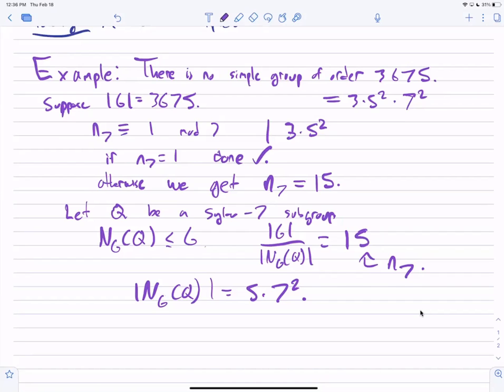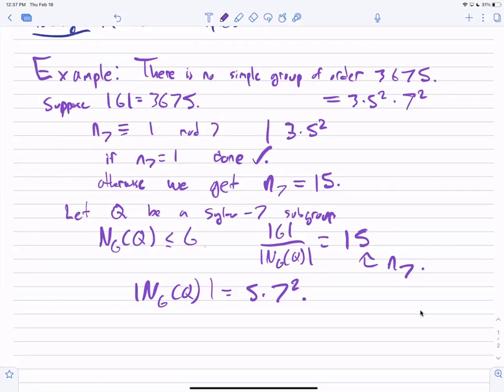This is one of the strategies we saw way back at the start: if you can find a permutation representation on a small enough set, then it has to have a kernel just by Lagrange's theorem.